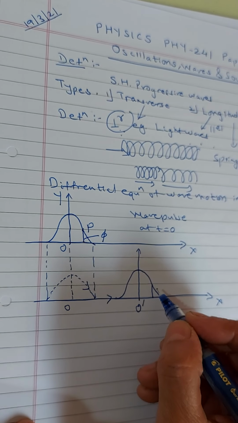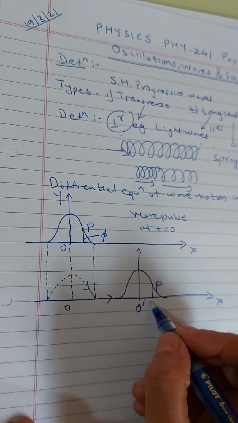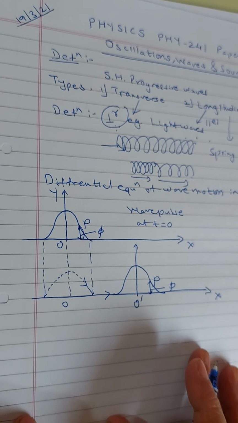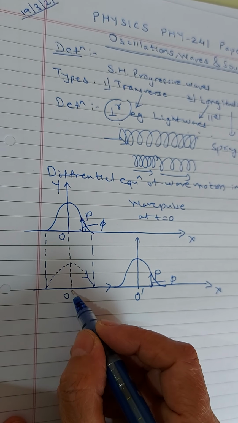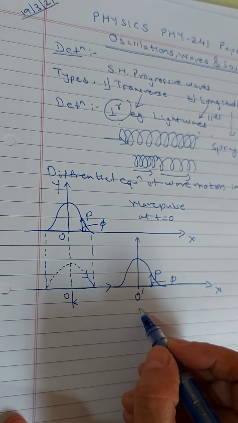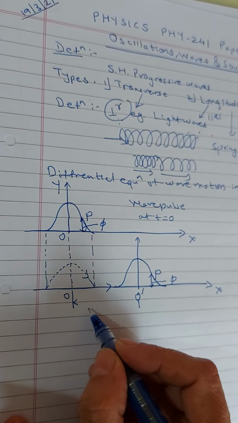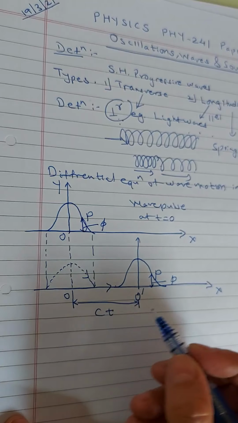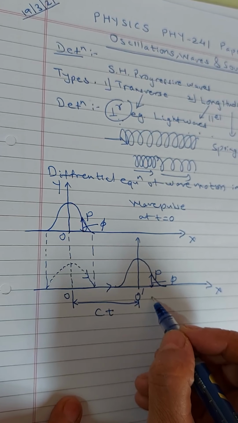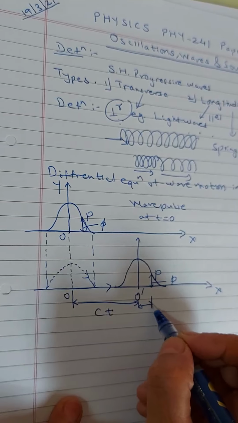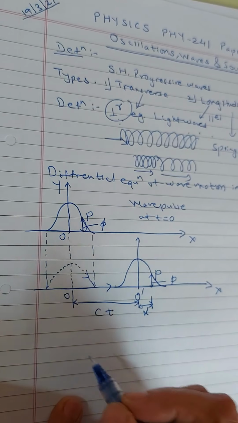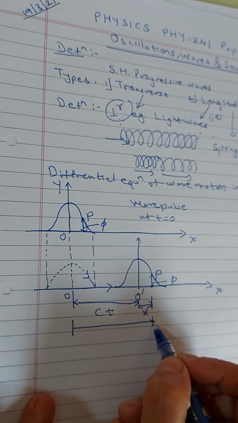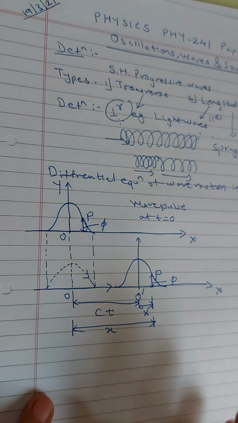This is point P. This will be phi, like I showed you earlier. The distance from this origin O to origin O dash, I can join them and say this is ct. And the distance from this O dash to P will be x dash. And O to this P will be x, correct?